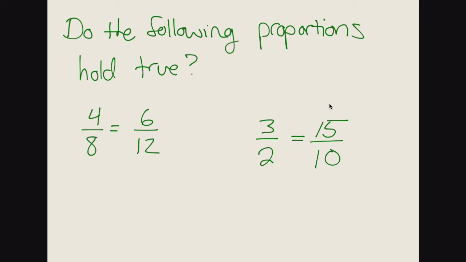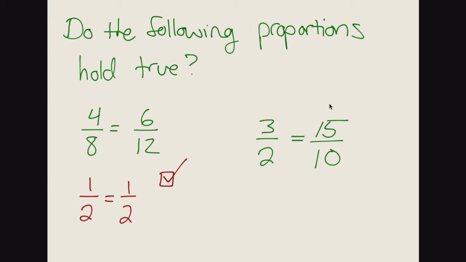Yeah, Jacob, it simplifies to 1/2. And 6 over 12, what's that simplify to? Yeah, 1/2. And would you say that 1/2 equals 1/2? Yeah, 1/2 is equal to 1/2. So we would say that this is a proportion. That 4 over 8 equals 6 over 12. Because when simplified, both sides equal each other.